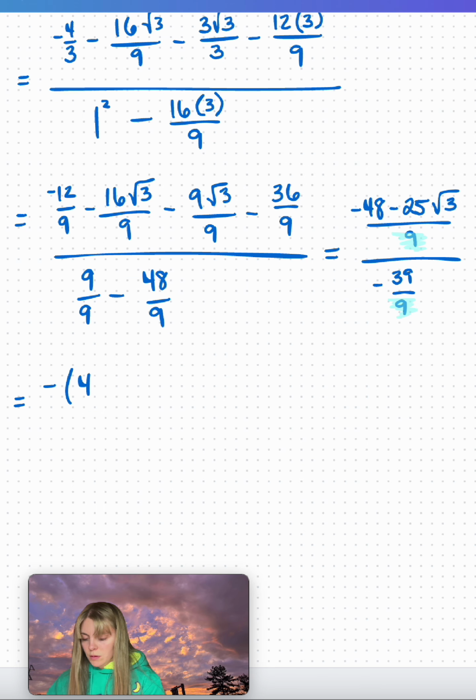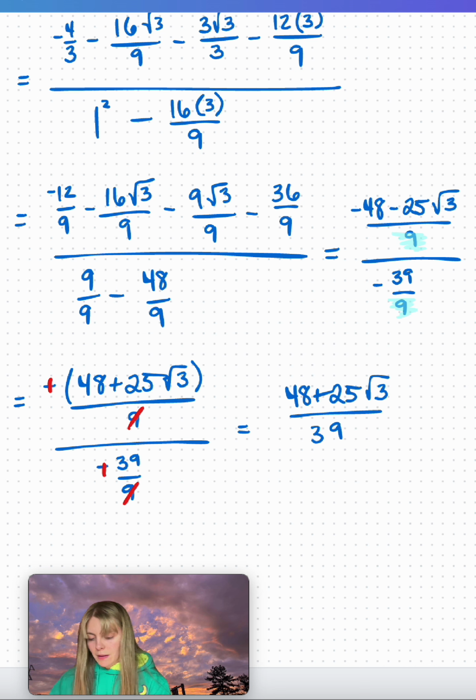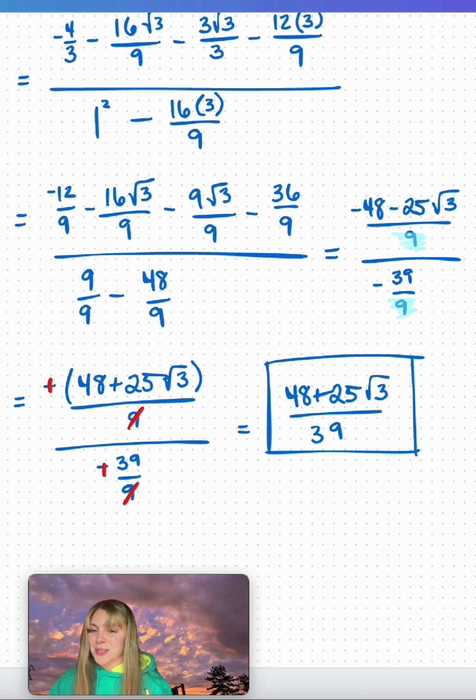Negative 48 plus 25 root 3 over 9 over negative 39 over 9. Now we can cancel the negatives and we can cancel the denominators. And now I have 48 plus 25 root 3 over 39. Okay, that would be the value of tangent of alpha plus beta.